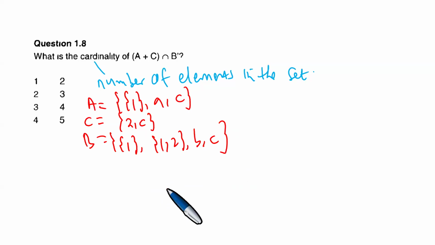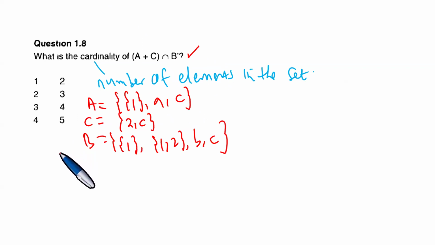The question then is, what do we do with this? What we do here is to determine the set, because for us to find the cardinality of the set, we must be able to write out the set.